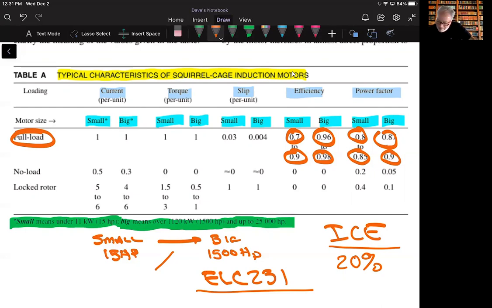But anyway, the torque, of course, is going to be 1, because the per unit value is based on full load. And the slip for a small motor is about 3%. Here he says 0.03. And for the big motor, it's much smaller.